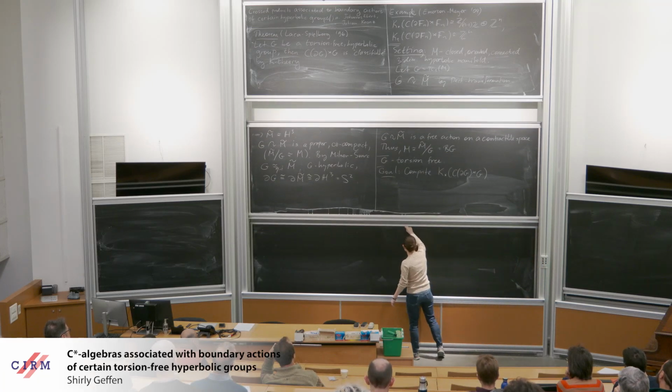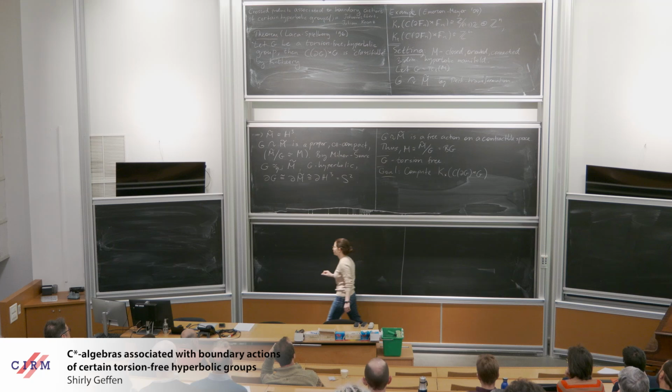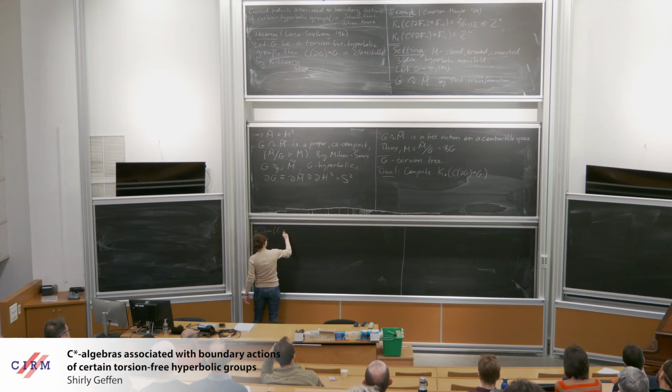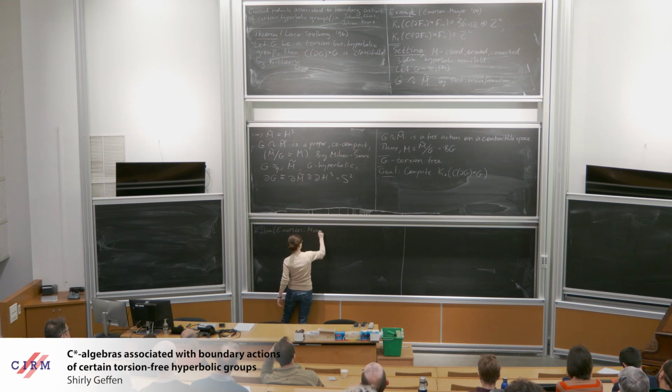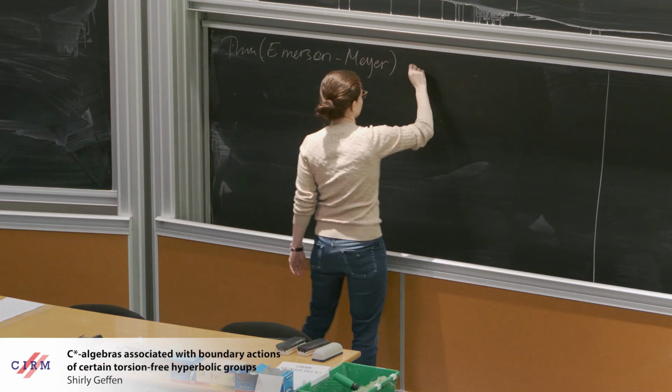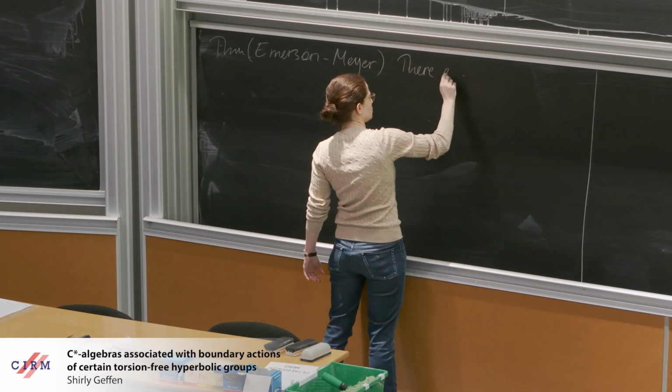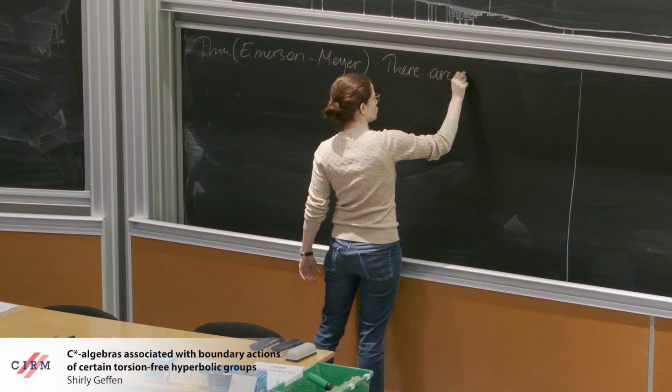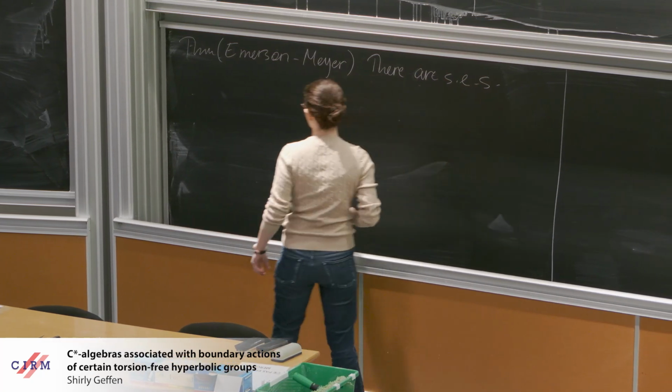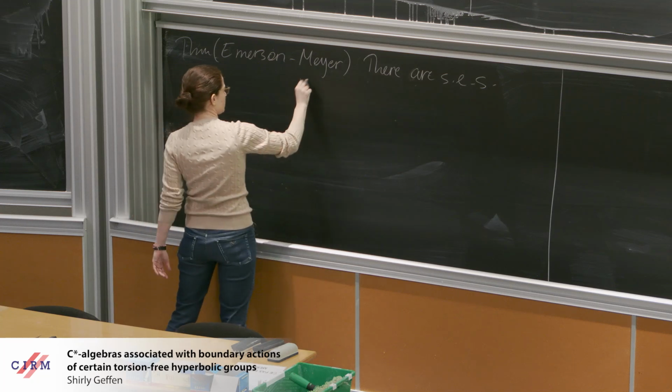So we are going to use the result of Emerson and Meyer from the same paper, which says that there are short exact sequences in K-theory of the following form.